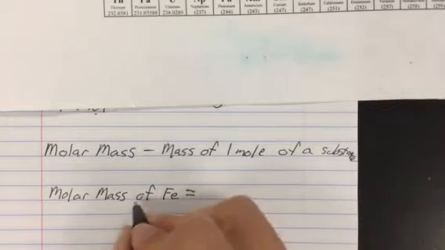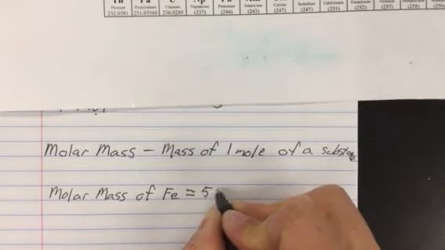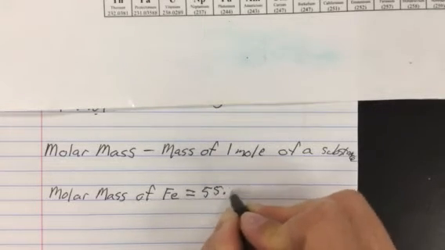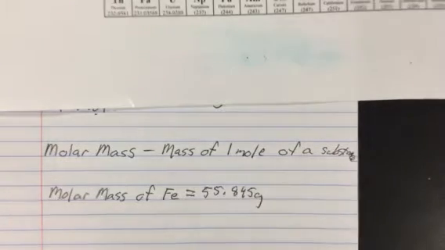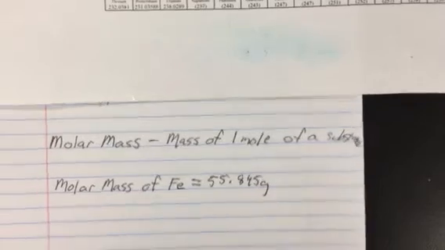So the molar mass of iron is 55.845 grams. That's all there is to it.